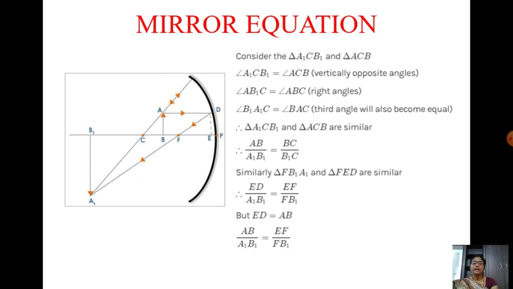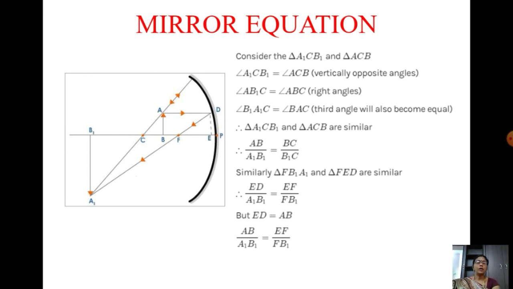For that I can take ED by A1B1 is equal to EF by FB1. Here ED is equal to AB because these are parallel to each other. So I can put AB in place of ED. So I have another equation: AB by A1B1 is equal to EF by FB1.